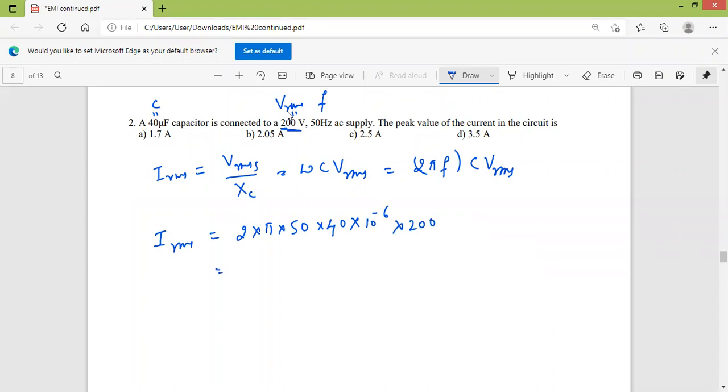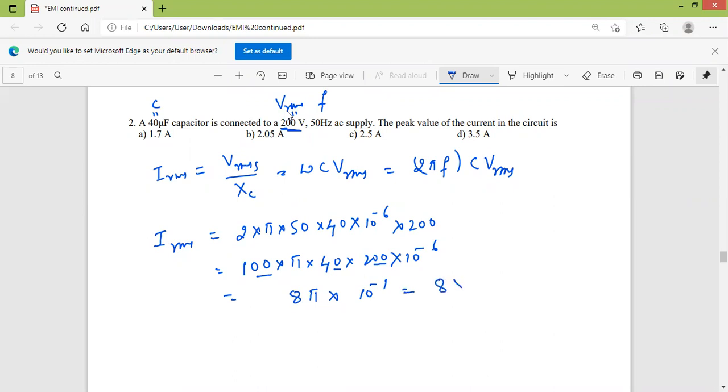It becomes 100 pi into 40 into 200 into 10 to the power of minus 6. Simplifying, we get 8 pi into 10 to the power of minus 1.